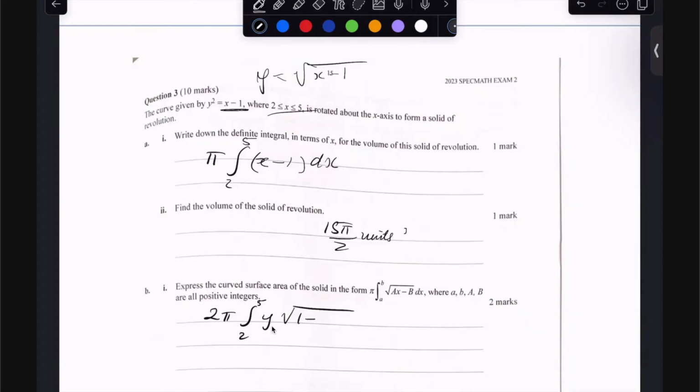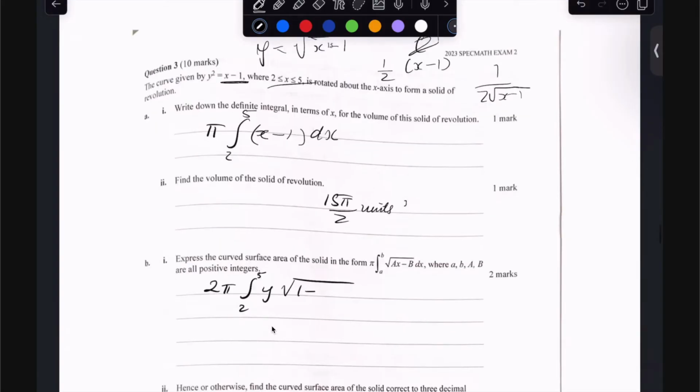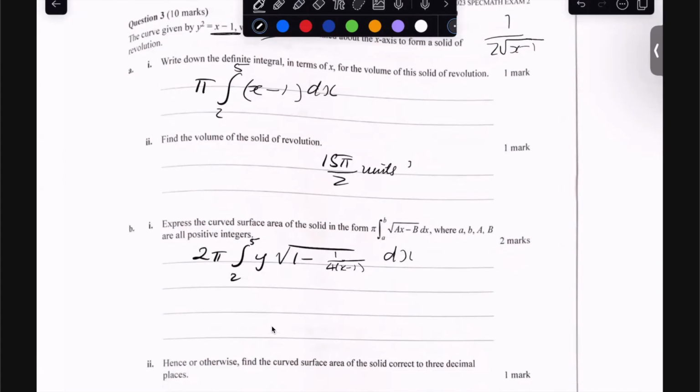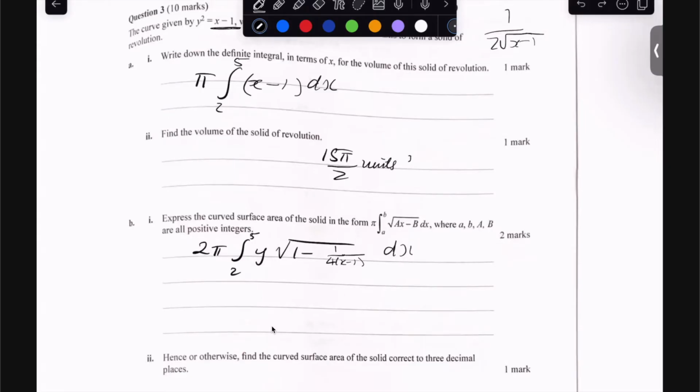And the derivative of that is 1/2 times x minus 1 to the power of negative 1 over 2, and that's all squared. So that's 1 over 4 times x minus 1, dx. Now this is the square root of x minus 1.